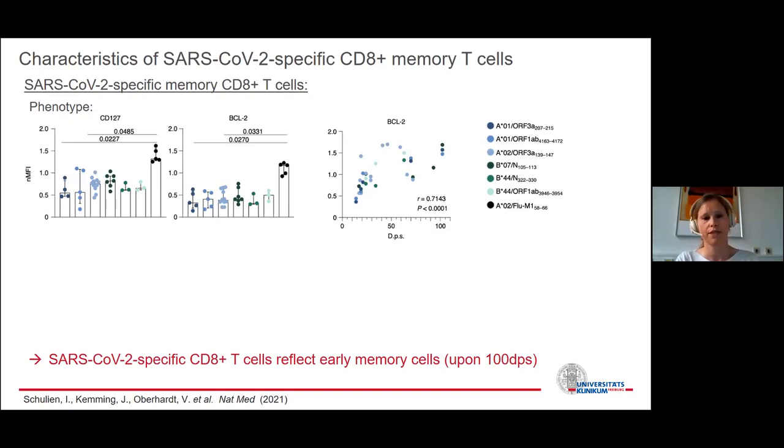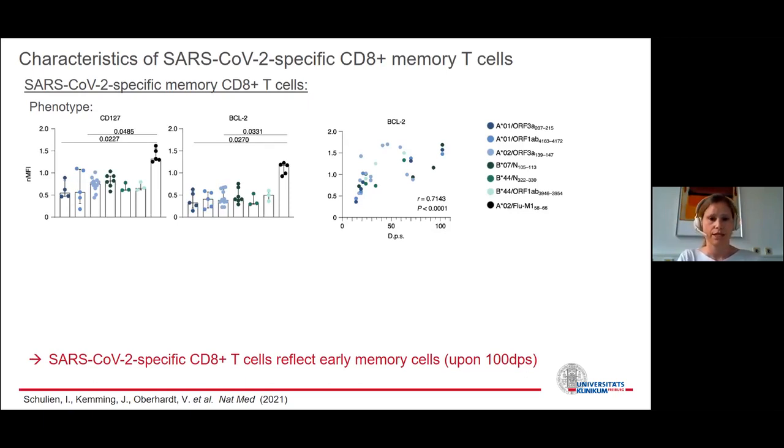And therefore, we think that the difference in the CD127 and BCL2 expression of SARS-CoV2 specific CD8 T cells compared to influenza specific CD8 T cells comes from the time post-infection.